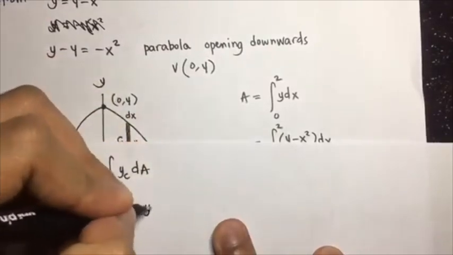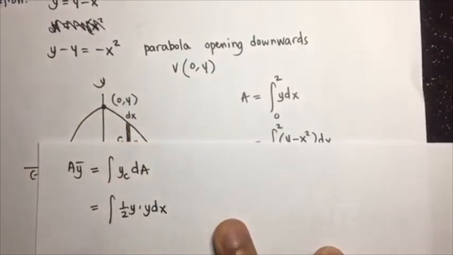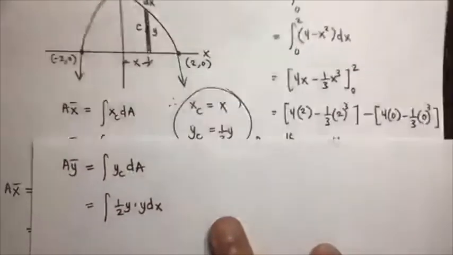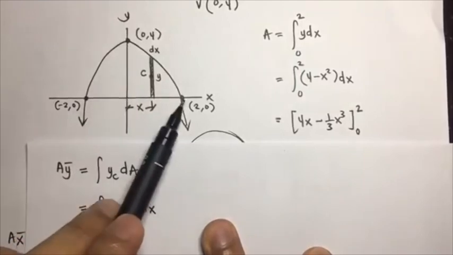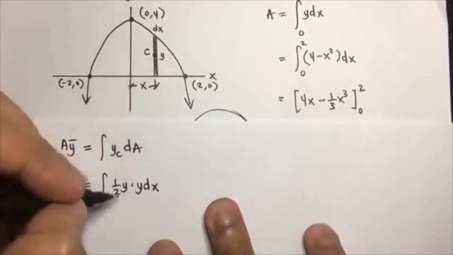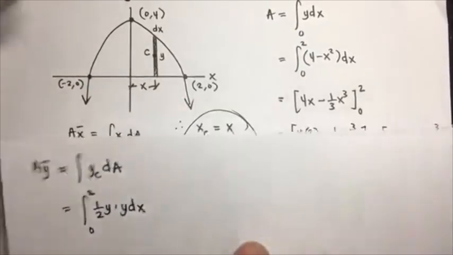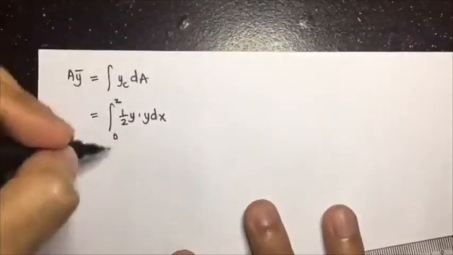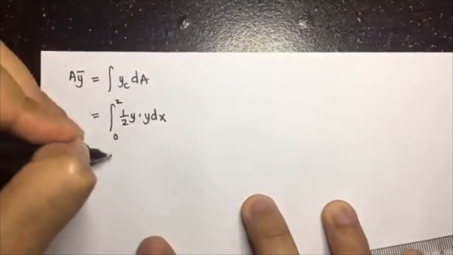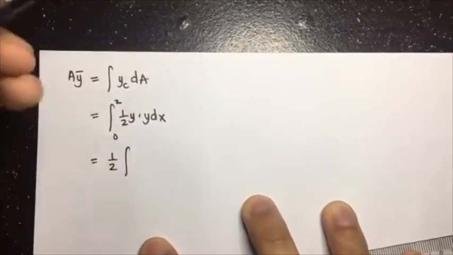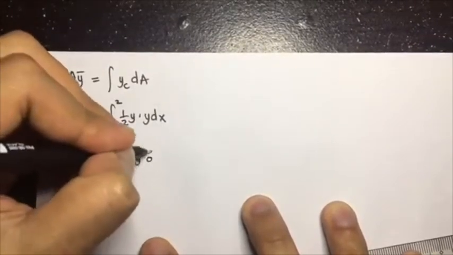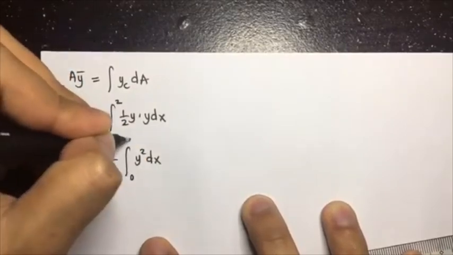So times y dx, since we are integrating with respect to x, therefore our limits must be from x equal to 0 to x equal to 2. So integrating this, writing the 1/2 outside the integral sign, 1/2 integral of y squared dx from 0 to 2.